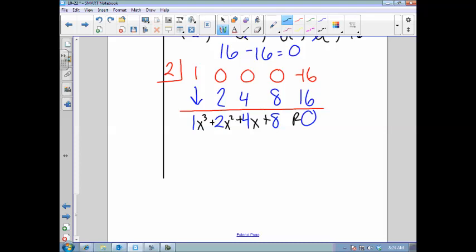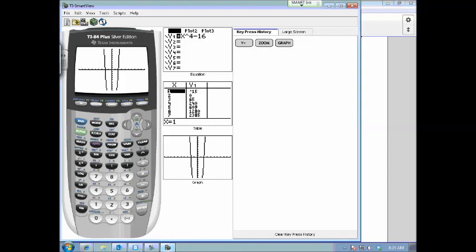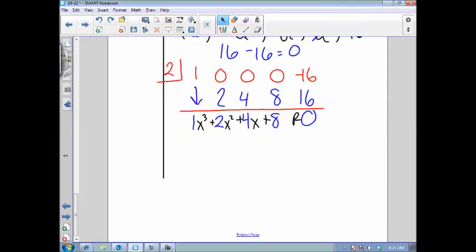When we were on our calculator, didn't you notice that there was another root? Negative 2, because here's our calculator. Now we're going to go divide out negative 2. So we're going to do it again. You're going to get lots of practice on synthetic division today.